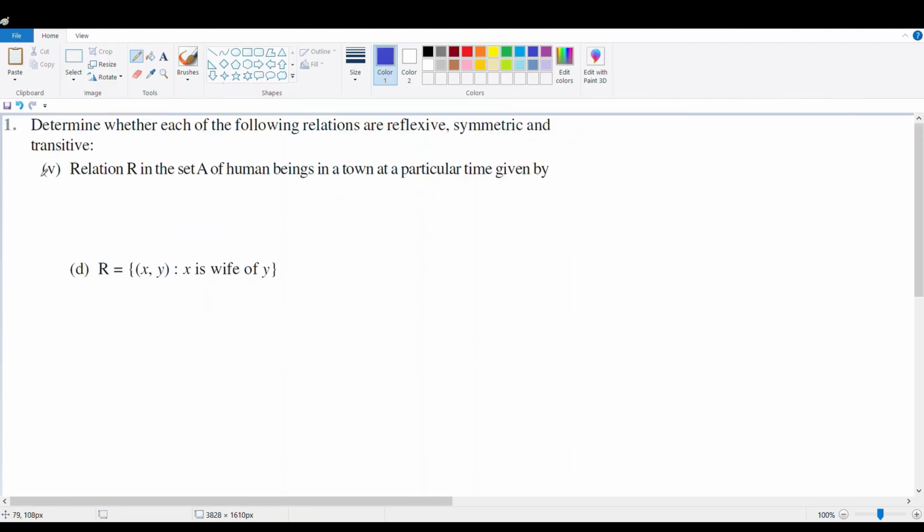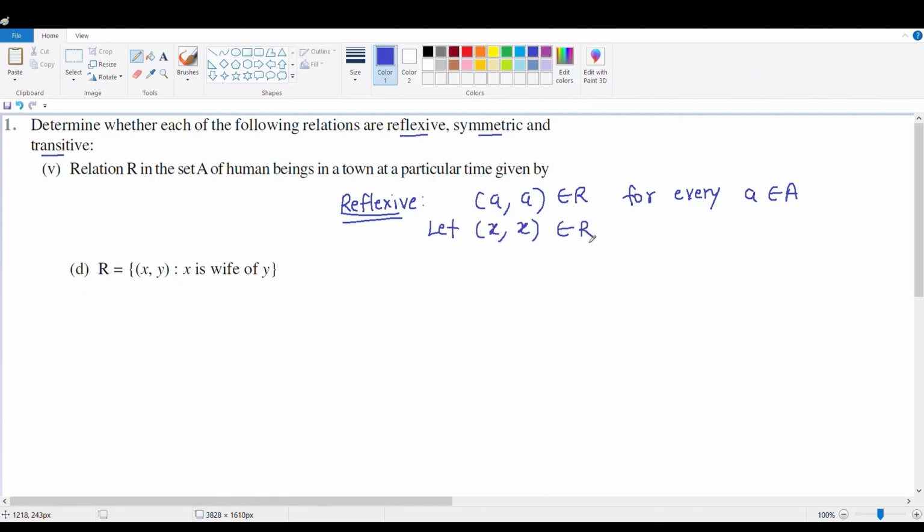Now part D of that fifth part, R equals (x, y), where x is wife of y. So again we need to check for reflexive, symmetric and transitive. So let's start with reflexive. To be a reflexive relation, you must have what? (A, A) belongs to R for every A belongs to A. Now let (x, x) belong to R, and what is the condition? x is wife of y.